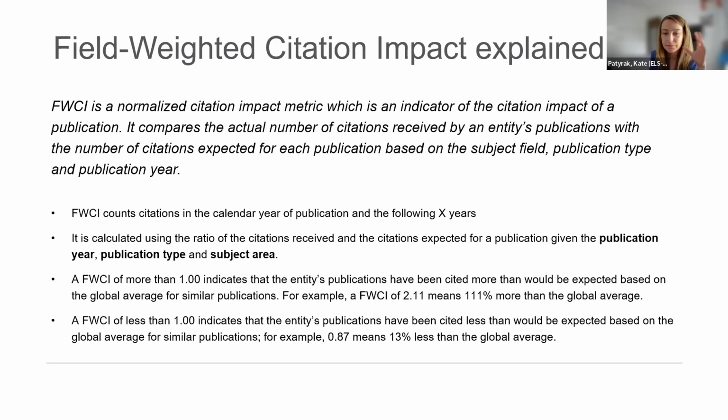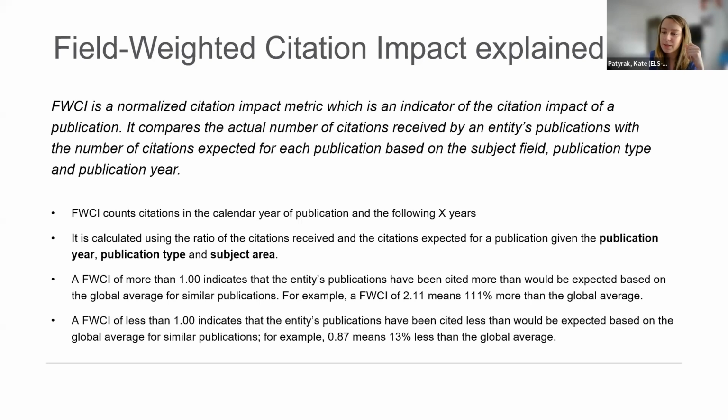So when we focus on the examples, it will mean that if you have an FWCI equal to 1, then it means that your publication is cited exactly as many times as the average of the world. So you are exactly on the global level.